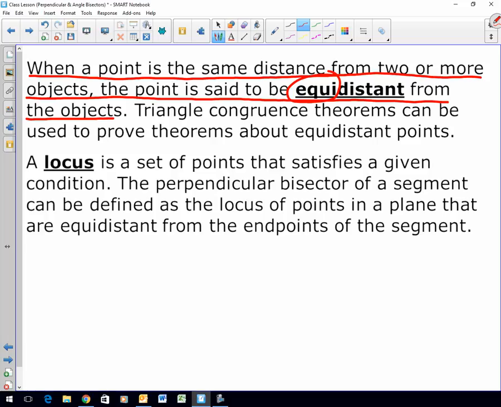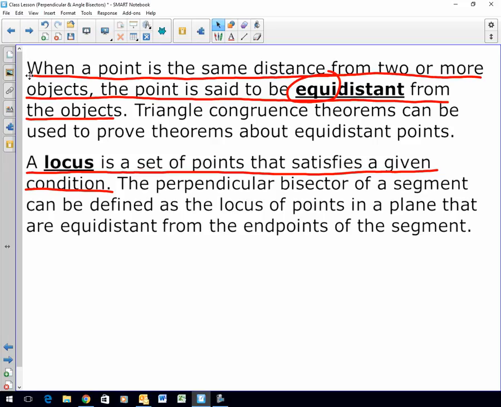Equidistant. Okay? All right. Triangle congruence theorem is going to be used to prove theorems about equidistant points. Don't worry about that so much. And then go ahead and complete this definition of locus, although I don't know how much we're going to end up using it because we don't have to worry about parabolas, but a locus is a set of points that satisfy the given condition. So how will we use locus in this case?